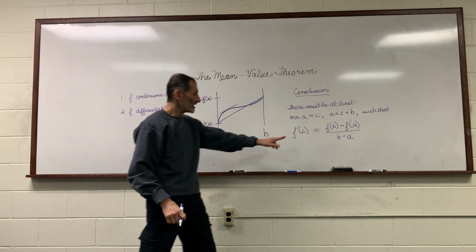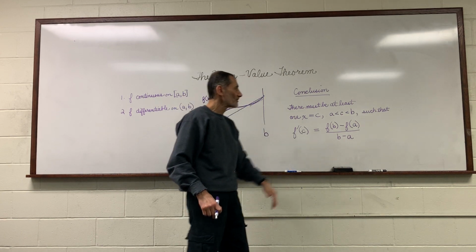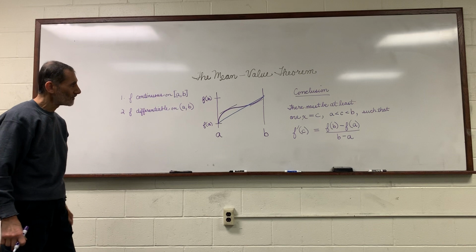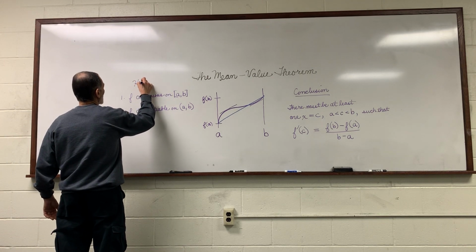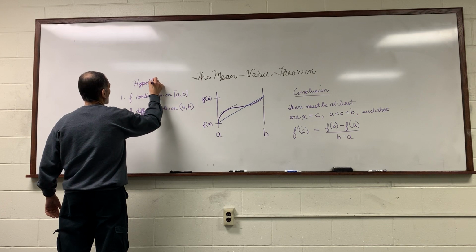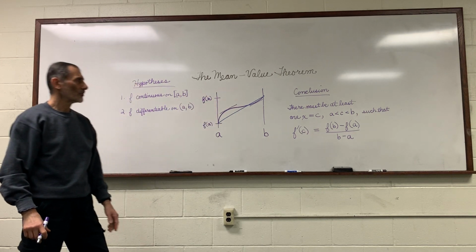That is, the instantaneous rate of change at some point equals the average rate of change over the whole interval. If we wanted, let me label these hypotheses. If those are true, that must be true.